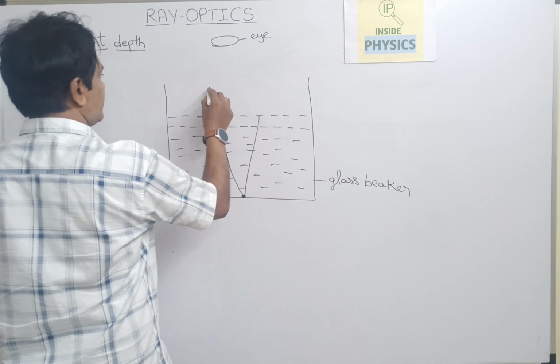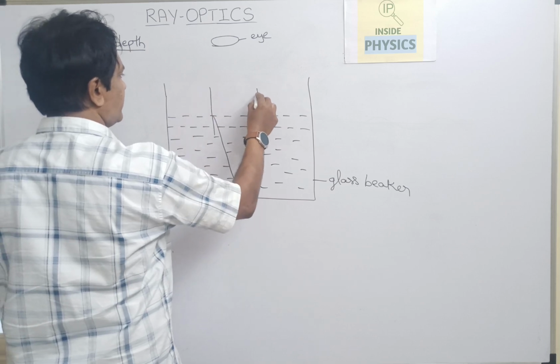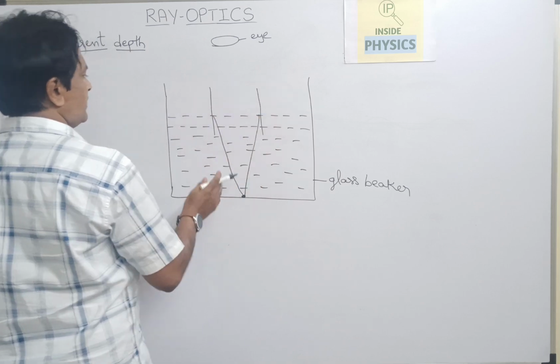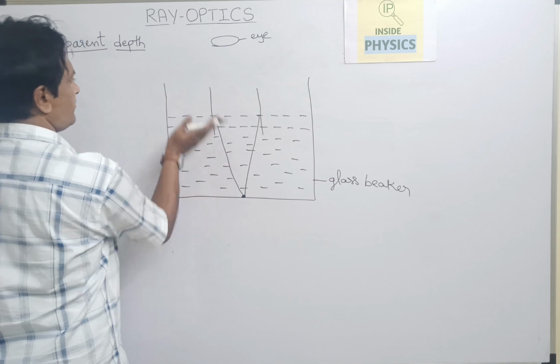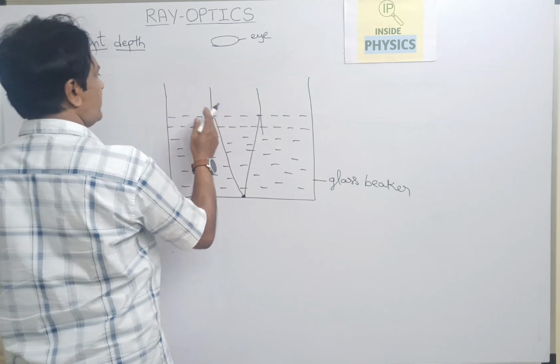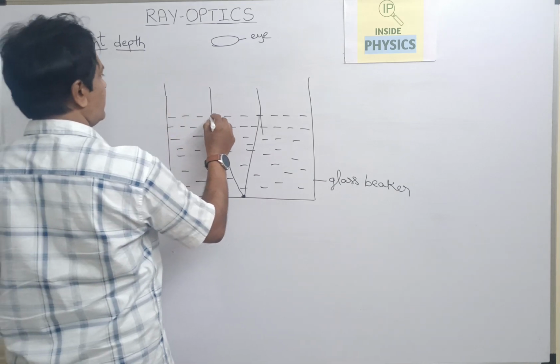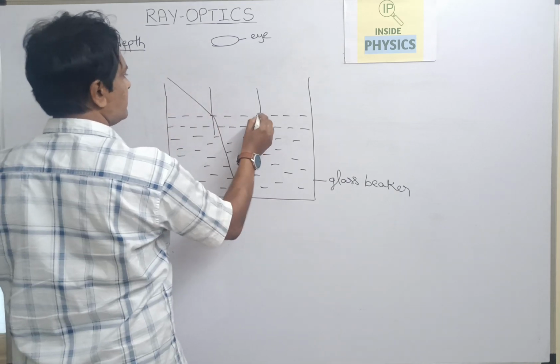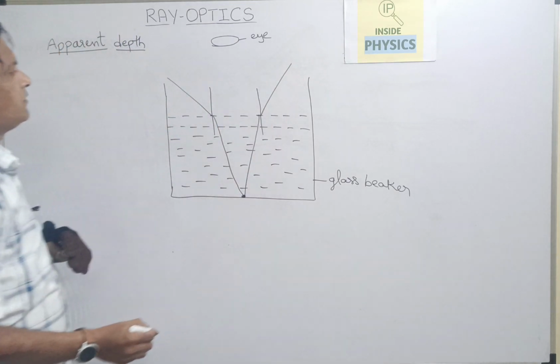And here if you draw the normal to the surface of two mediums, the light is passing from denser medium to rarer medium, so that it will bend away from the normal. So like this, right?